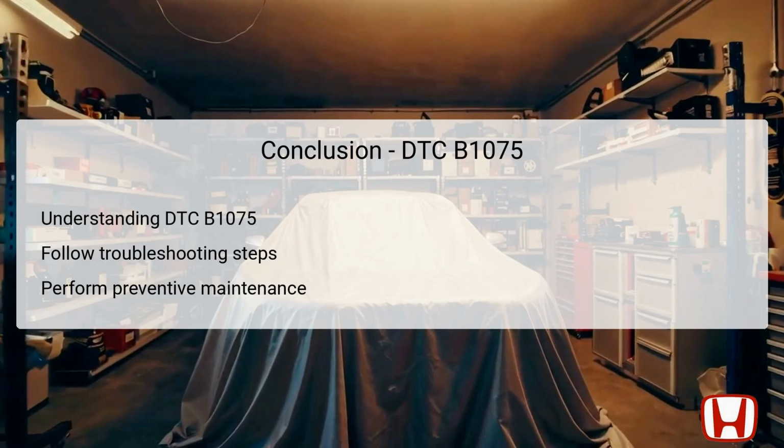From initial checks using the HDS to verifying the integrity of wiring and modules, each step offers a systematic approach to identifying the fault. Once repairs are completed, conducting final verification ensures that the problem is resolved and that the vehicle operates safely. Finally, conscientious preventive maintenance can significantly reduce the likelihood of experiencing DTCs in the future, contributing to the overall longevity and performance of the vehicle's lighting system.